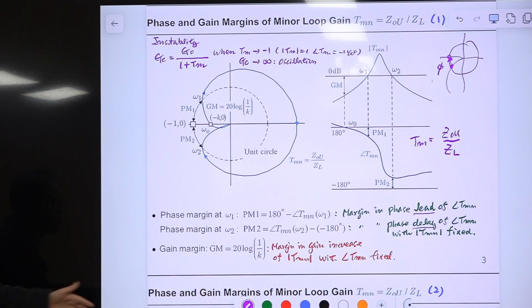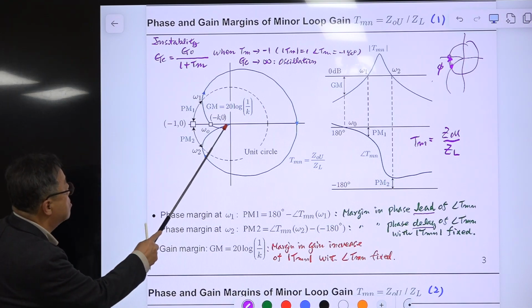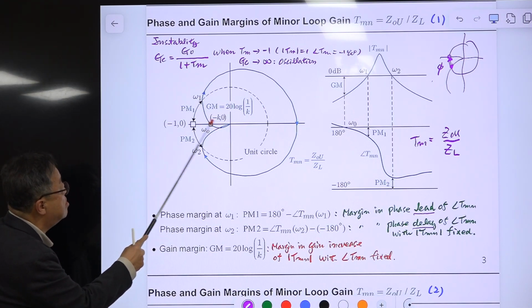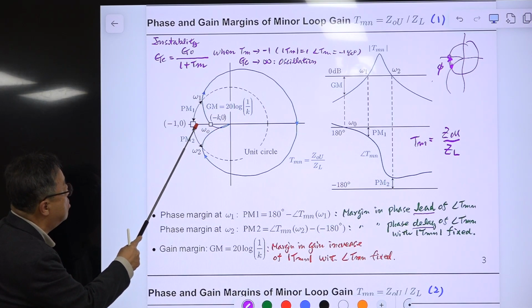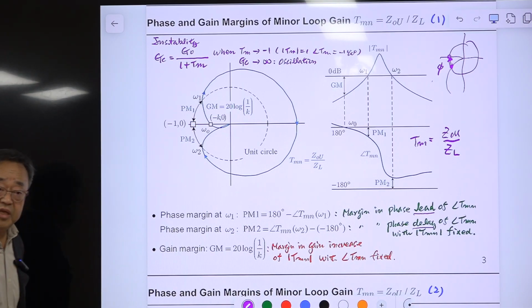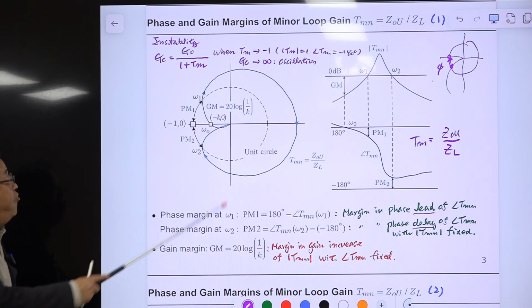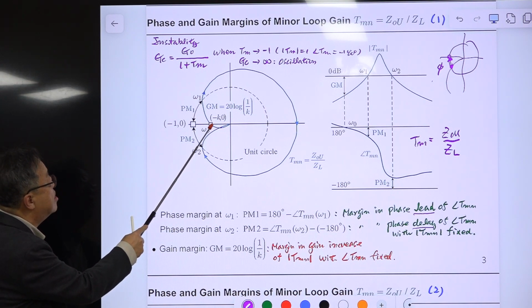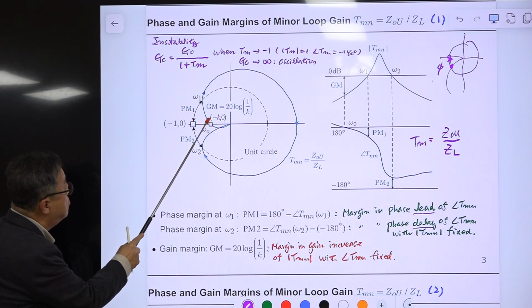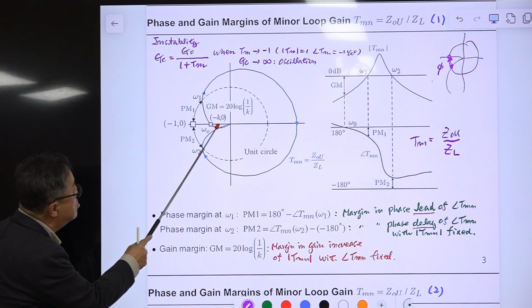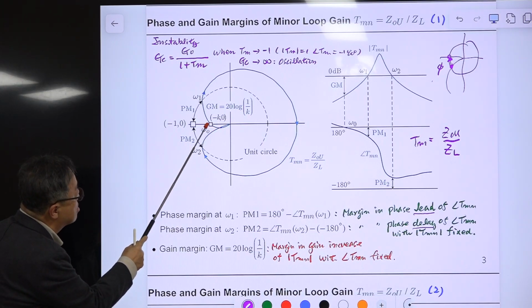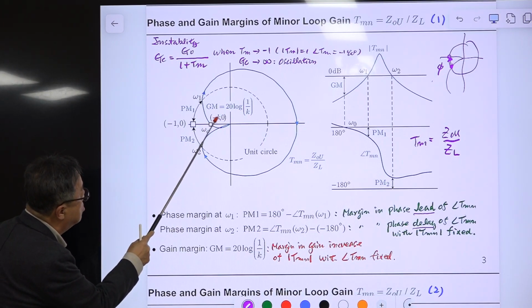Another case: consider this minus real axis. The phase of this minus real axis is minus 180 degrees. At that frequency, the magnitude is the distance between this point and this point.